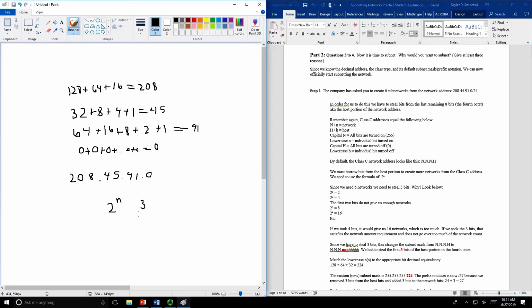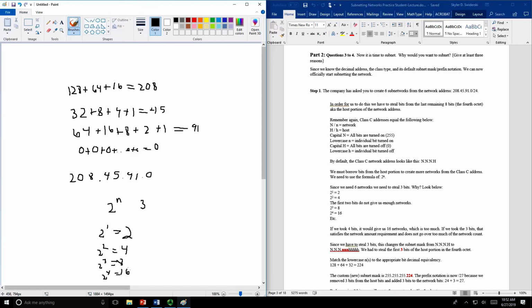We can go over a little bit, but we don't want to create too many networks, just enough. If we did 2 to the 1, which means we only took 1 bit, that only gives us 2 networks. If we took 2 bits, we would get 4 networks. If we did 2 to the 3, that gives us 8 networks. And 2 to the 4 would give us 16.